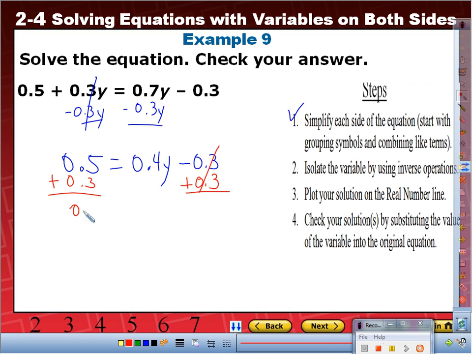These cancel. We're left with 0.8 equals 0.4y. So 0.4 is multiplying, is that correct? So the inverse is to divide by 0.4. Both sides, 0.4. 0.4 divided by 0.4 is 1. So 1 times y is y.